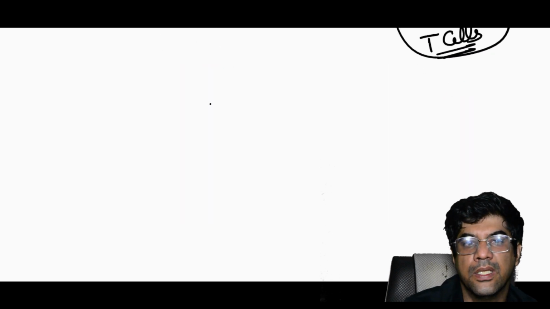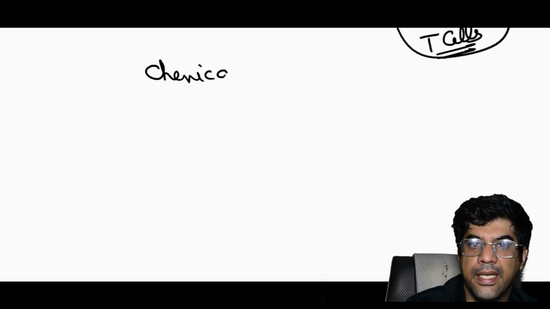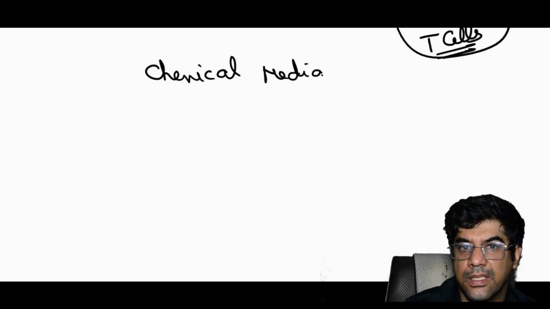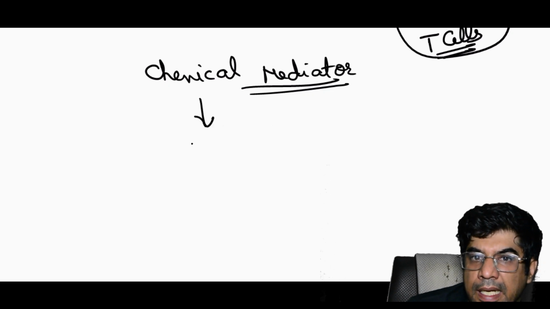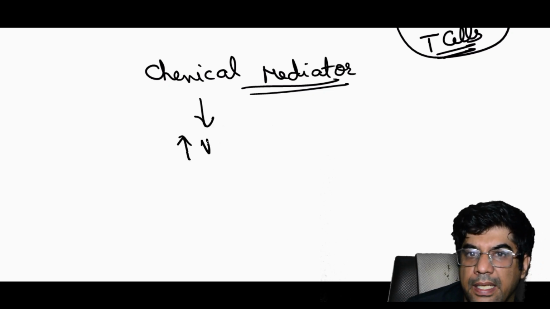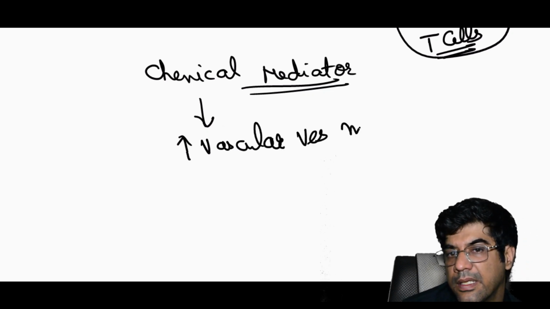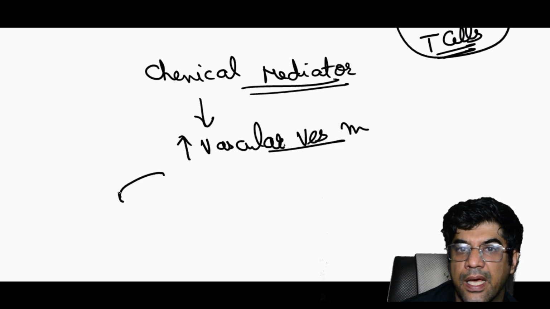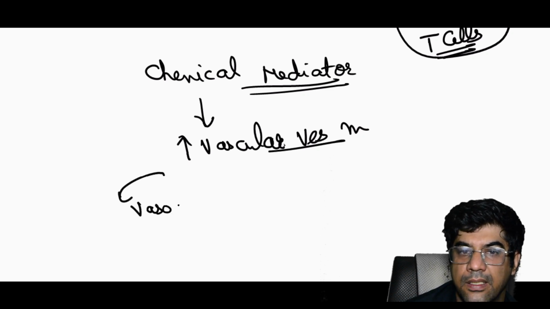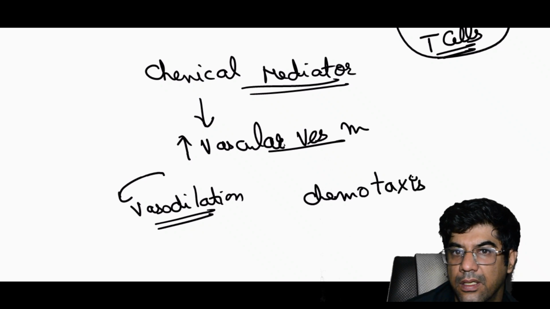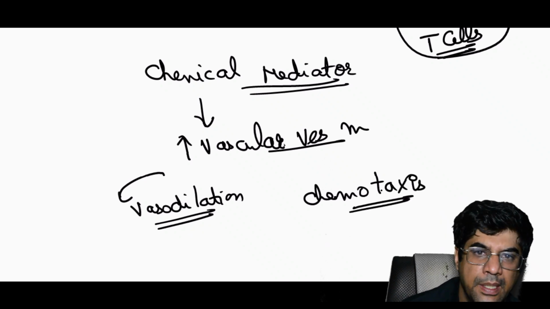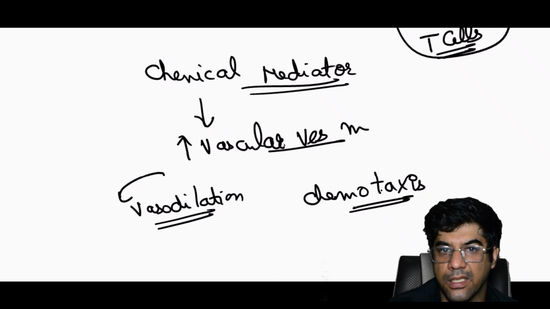Now let us discuss the chemical mediators of inflammation. These are the chemicals that increase the vascular permeability, so they are involved in vasodilation, chemotaxis, tissue damage, etc. So why do you think it's important for our body to have these chemicals?